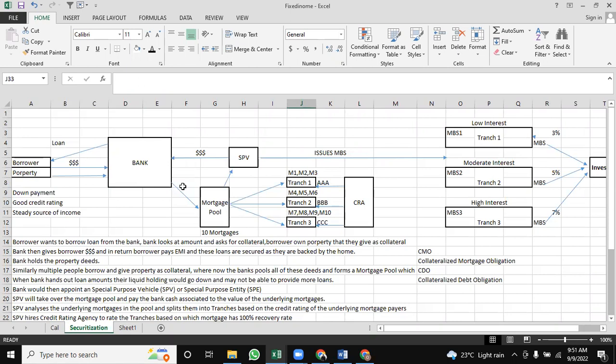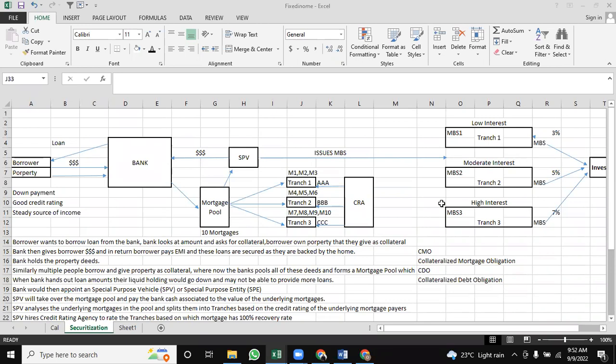Securitization is the process of converting illiquid assets to tradable assets. For example, your home loans, we covered this yesterday as well, right? The banks pool together all their mortgages, which are illiquid assets.